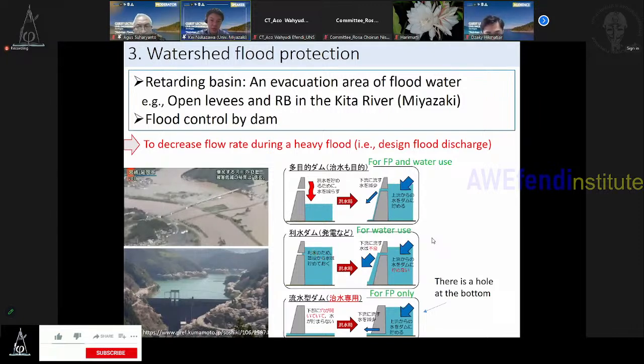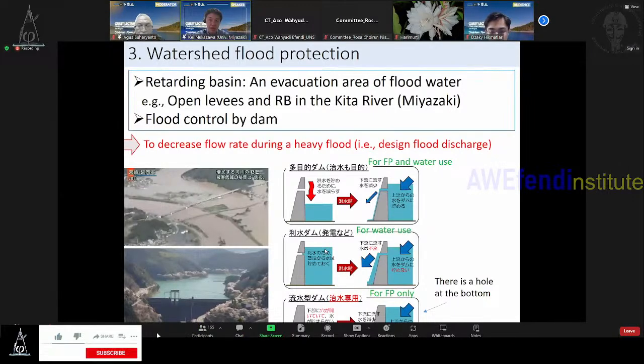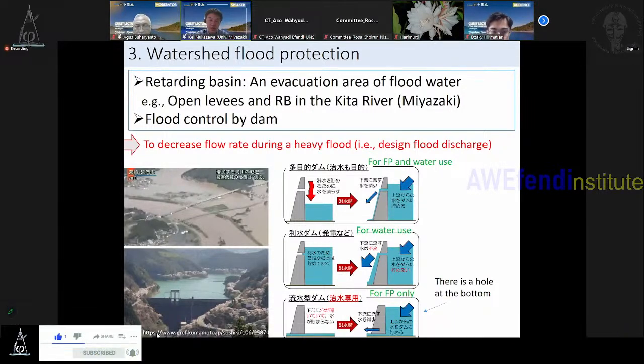But if the dam purpose is for water use, like hydropower generation, the water level is typically kept high because the water is kind of money, by generating electricity or for agriculture. So in such a dam, if a flood happens, the flood water from upstream flows directly to downstream. So such a dam doesn't have a role of flood protection.